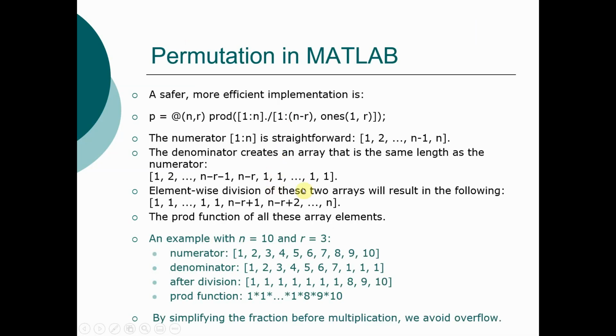Another way of doing it is using what MATLAB is good with, which is matrices. We create one matrix, a row vector, that has all the elements from 1 to n. Then we're going to do element-wise division. Remember that we can do element-wise operations on matrices if they have the same size.